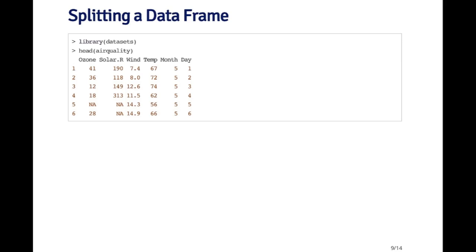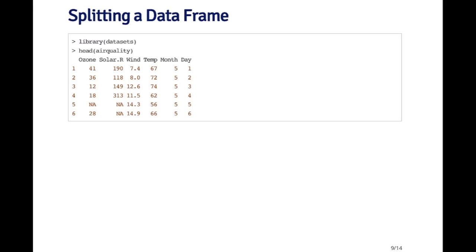But the nice thing about using the split function is that it can be used to split much more complicated types of objects. So for example, here I've got a data frame. I'm loading the datasets package, and I'm looking at the airquality data frame from the datasets package. So you can see this is the first 6 rows of this data frame. I think there are about 100 some rows in total.